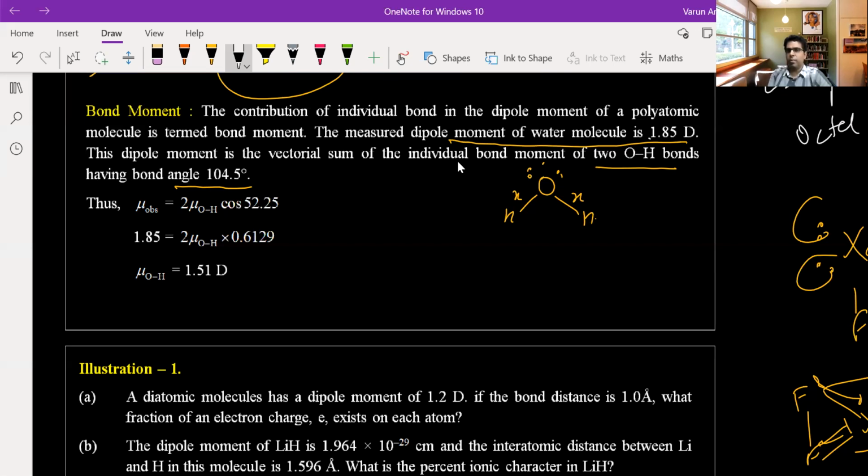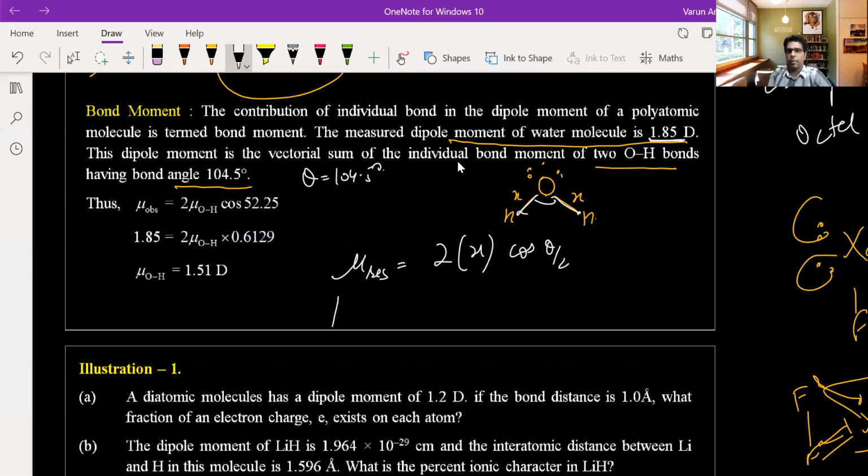Now the resultant dipole moment is given, 1.85 debye. So use the formula: the resultant dipole moment will be 2 times the dipole moment of these bonds times cos theta by 2, where this bond angle is theta. Theta is also given, that is 104.5 degrees.